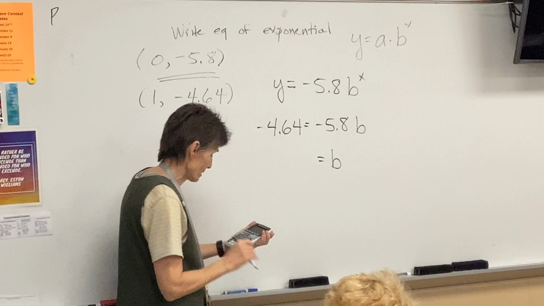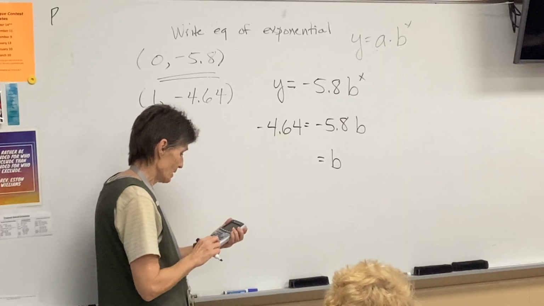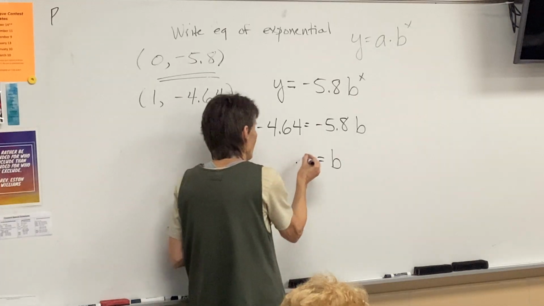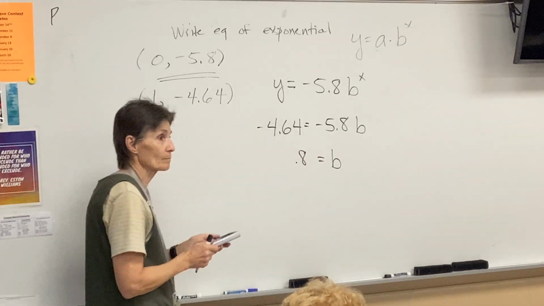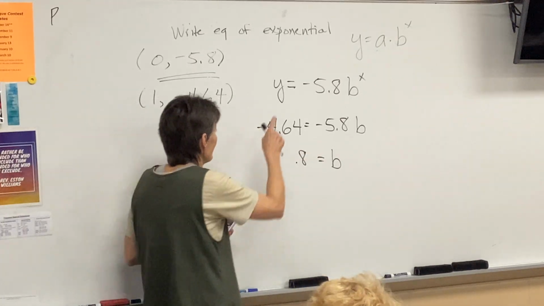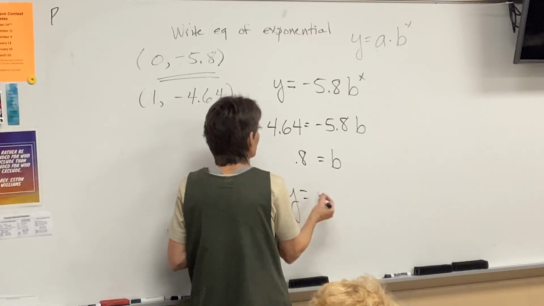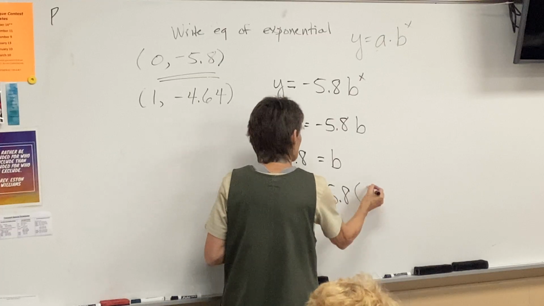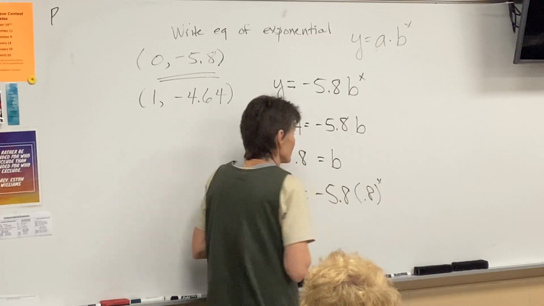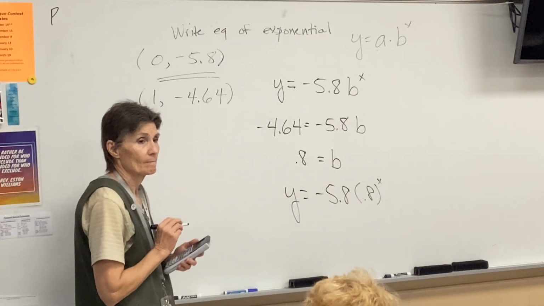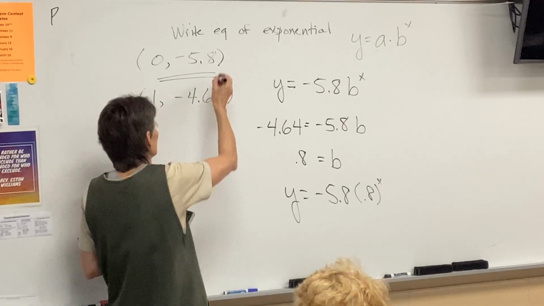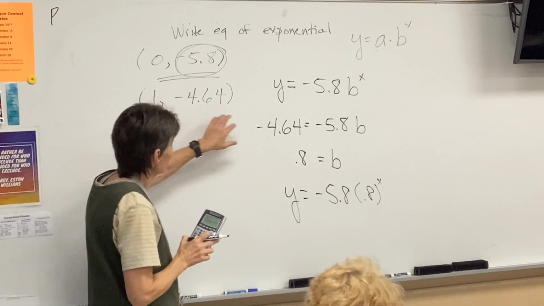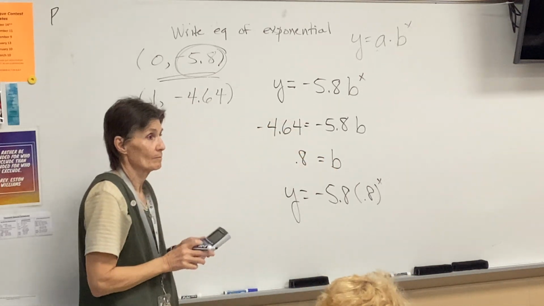So 4.64 divided by 5.8, I got 0.8. So my equation is Y equals negative 5.8 times 0.8 to the X. This number is always A, and then to find B, we have to plug in that other point.